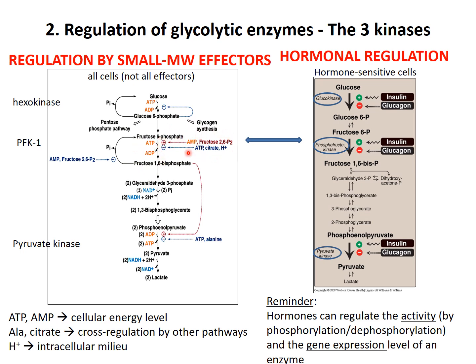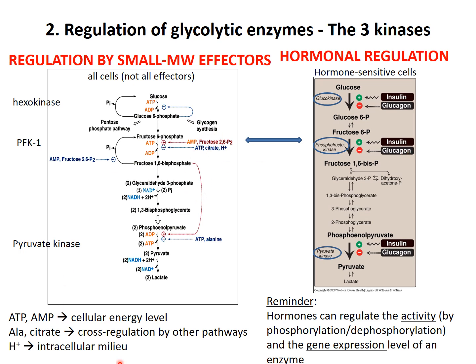These are the most important small molecular weight regulators, and this is the hormonal regulation. Reminder, hormones are not signaling every cell, but they are signaling the three most important cells in carbohydrate metabolism, which is liver, muscle, and adipose.